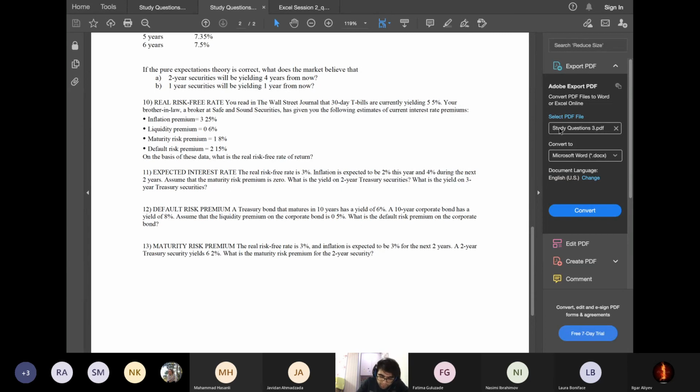we have R is equal to, what's our risk-free rate? Risk-free rate is not given also. RF plus inflation premium plus maturity premium, maturity risk premium is equal to 6%, right?